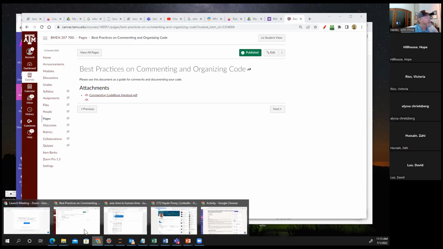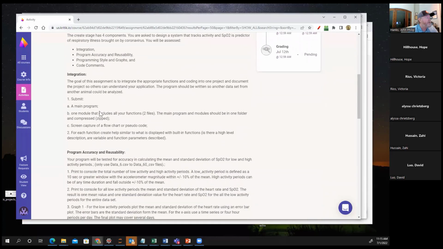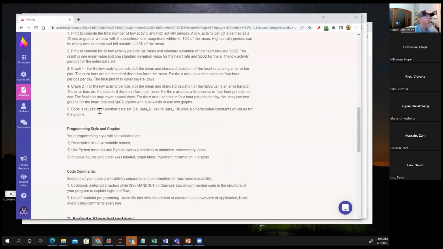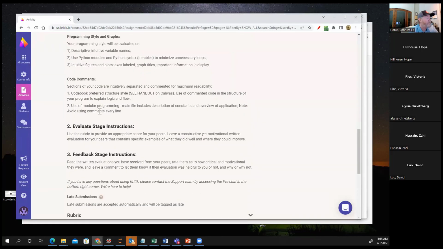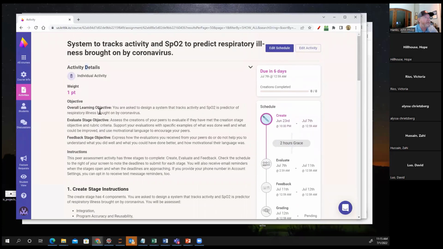Okay, let's see. The other thing that I wanted to show you was Critique. This is the tool we're going to use to do the grading. The exact same rubric that I just showed you is documented in Critique. Now, how Critique works is you will submit your code, and I'm going to grade several of these, and then you will grade 3 of these.